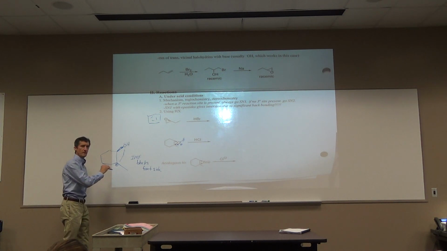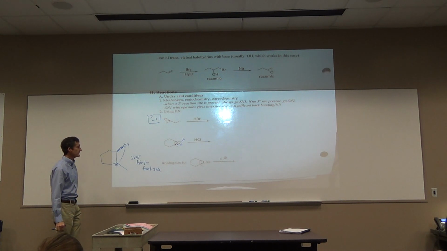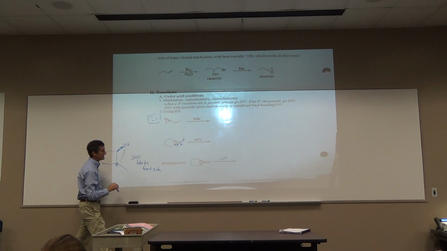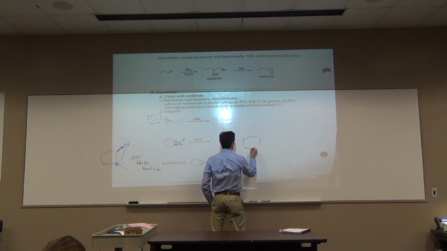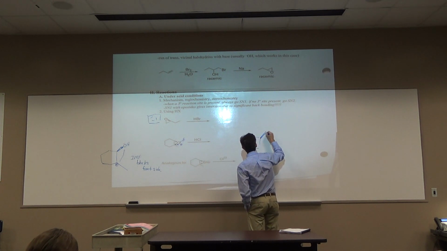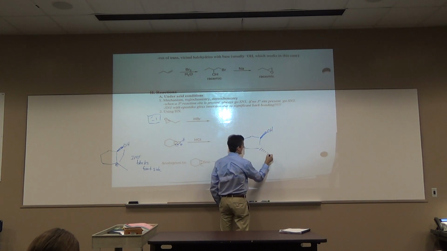This is very hard to show mechanistically. What we're just going to show is an outcome. And basically the outcome here is the Cl minus is going to become bonded here. But it's going to come in from the back.